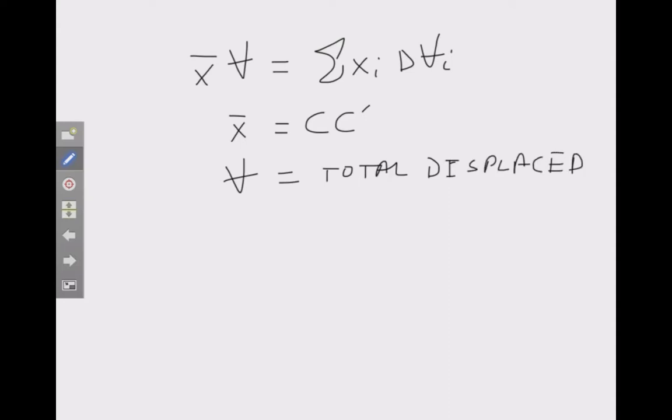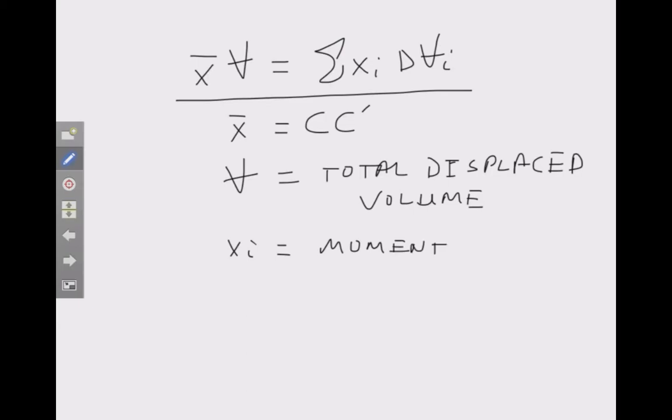And that basic moment we can find by equating it to these differential elements. So x sub i is just an incremental moment arm for these little incremental volumes, which we're going to look at in a minute.